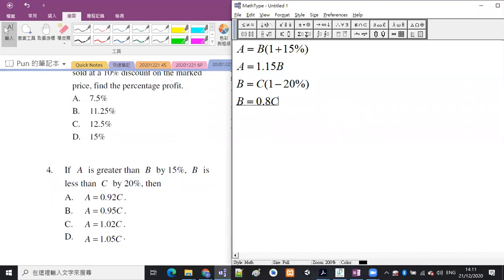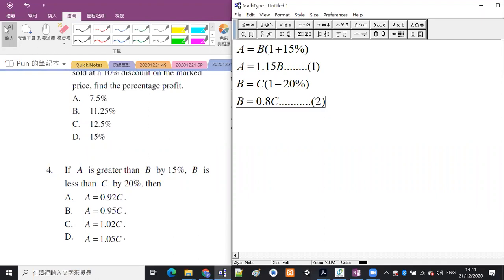Okay, and the question asks you to find a relation between A and C. So we have this to be equation 1, and then we have this to be equation 2. Can you see that?